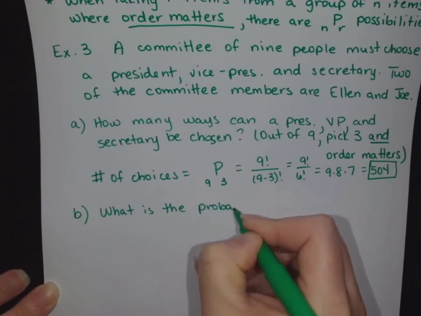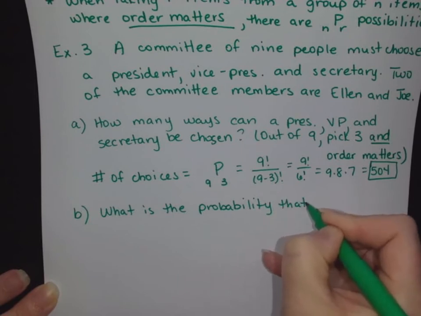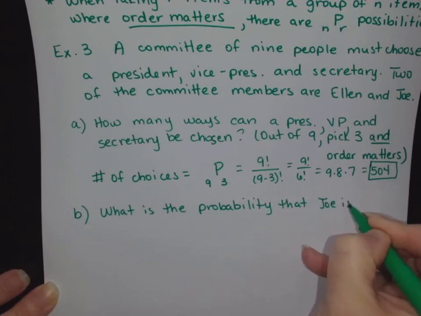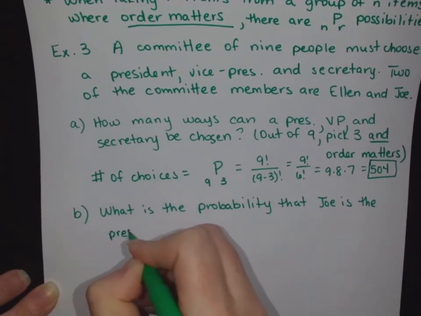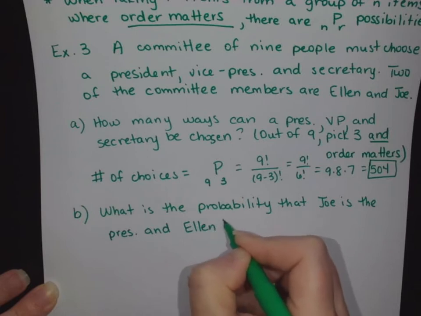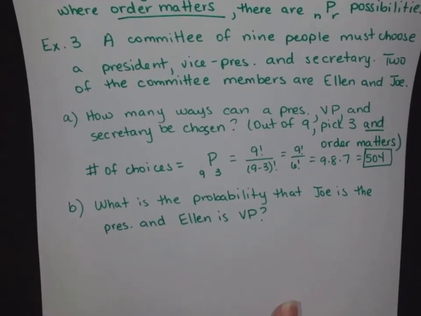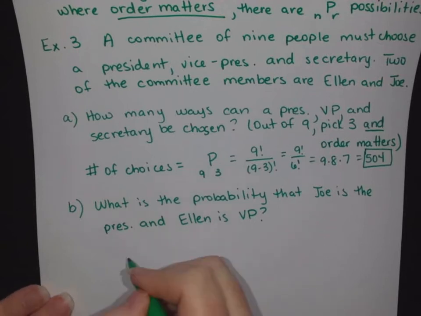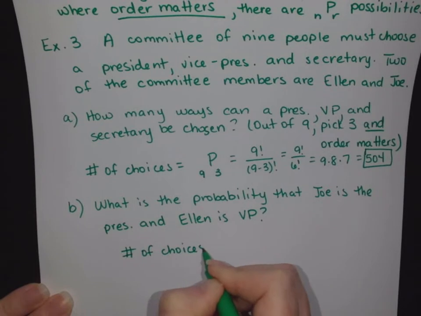Now let's combine this with some of the things we've talked about in this chapter already. Tell me, what is the probability that Joe is the president and Ellen is the VP? First we want to talk about the number of choices where this would occur.